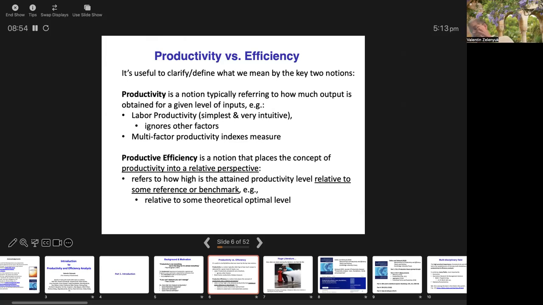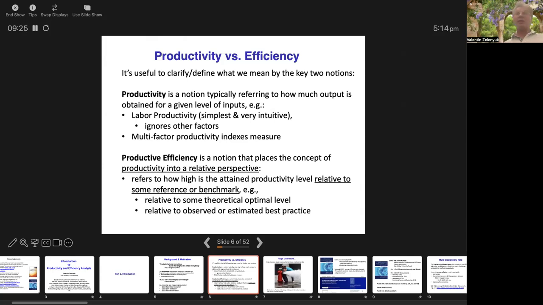Okay. It can also be done relative to observed or estimated best practice, because sometimes we have a theoretical optimal. Sometimes we have estimates from engineers that say that's the maximum that can be obtained from this pump or from this press or from this turbine or something like that. But often production processes are more complicated and we do not necessarily know the optimal level.